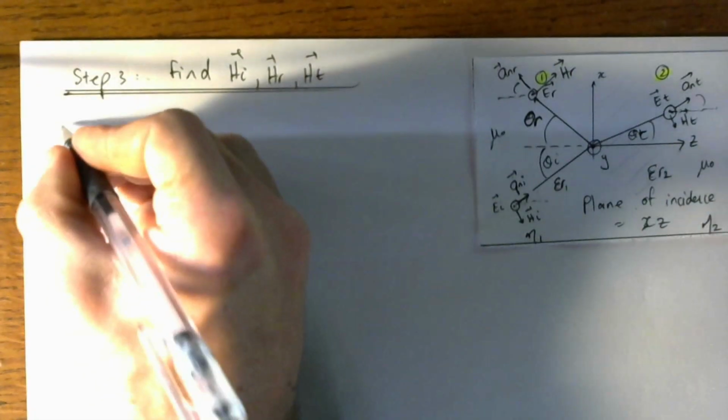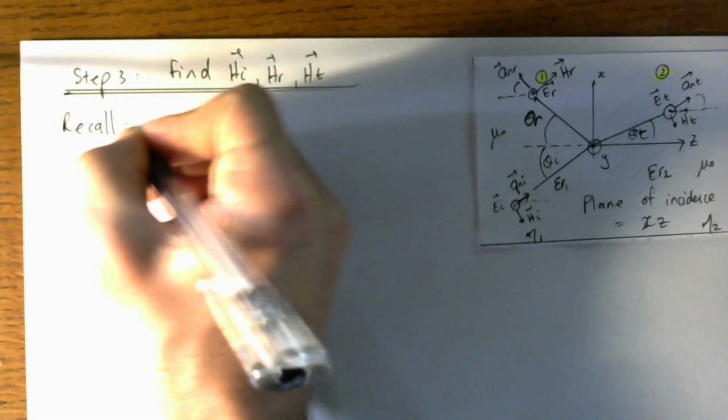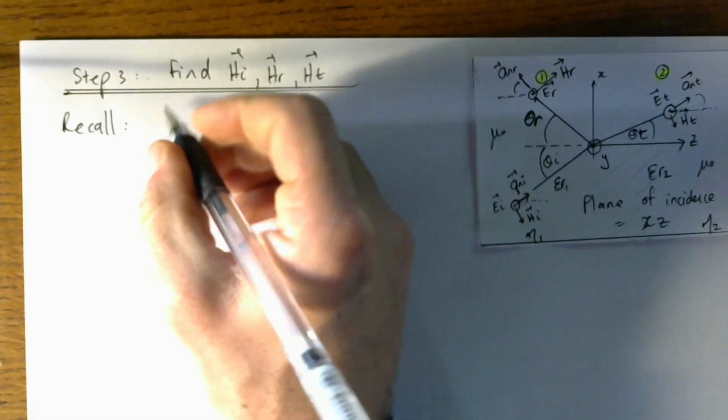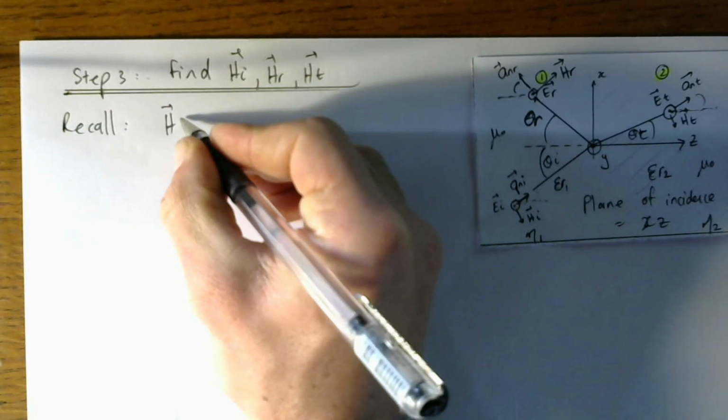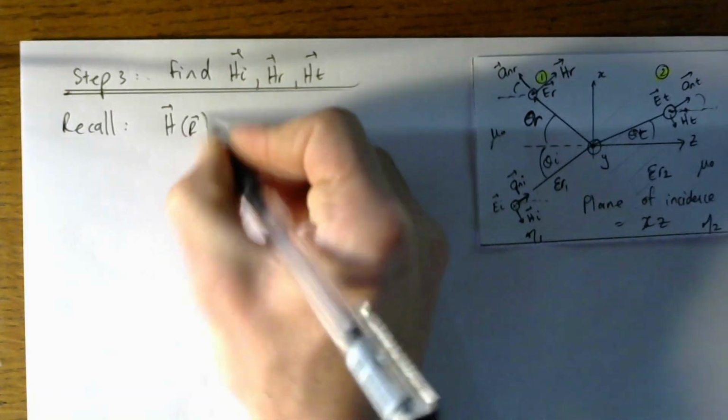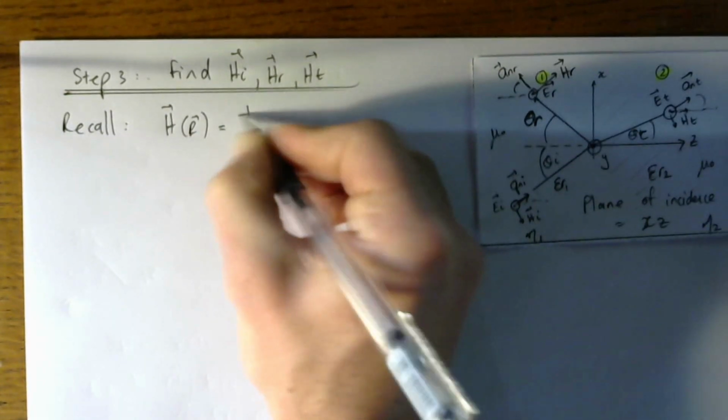So you need to recall a quick way in which to go from the electric field to the magnetic field. I'm looking at some arbitrary position r.